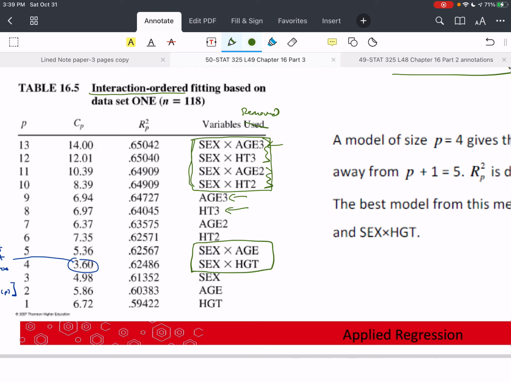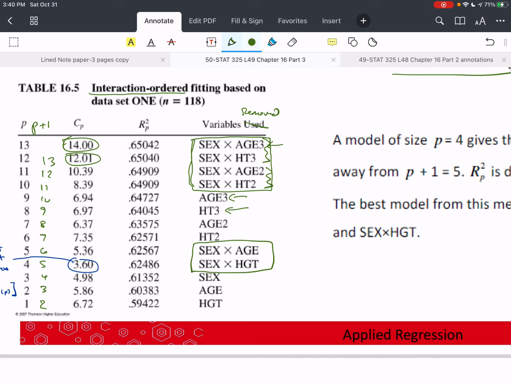All right. So we remove those first, and we see how, of course, with the full model, 14, and then we drop down to 12, and P plus 1, remember, is 13, 12, 11, 10, 9, 8, 7, 6, 5, 4, 3, and 2. Okay, so that's the P plus 1.